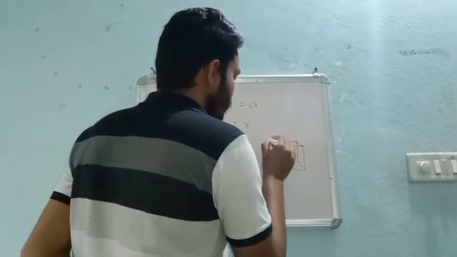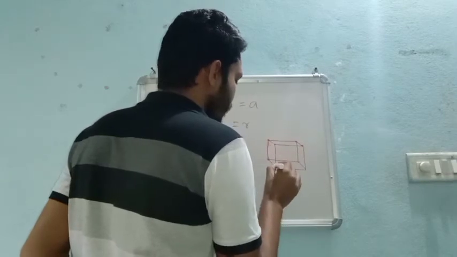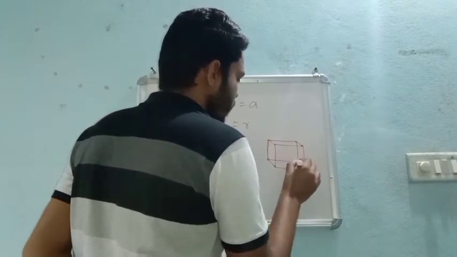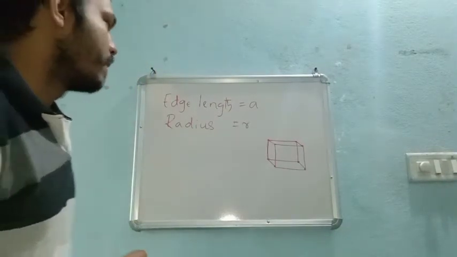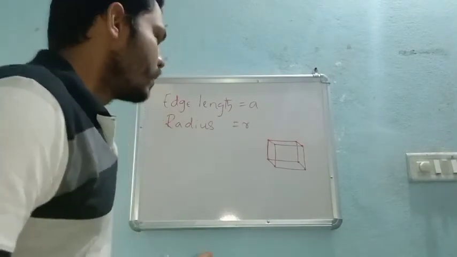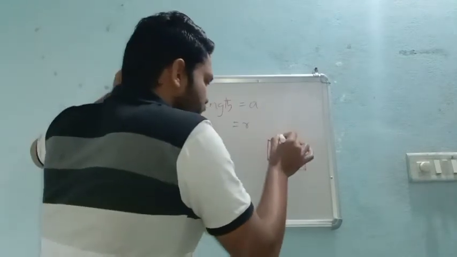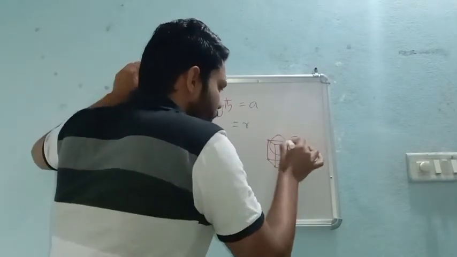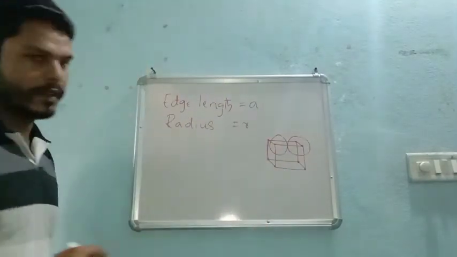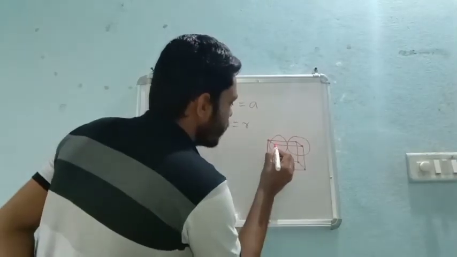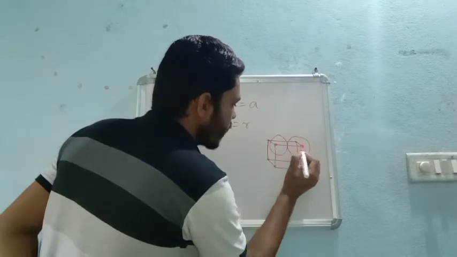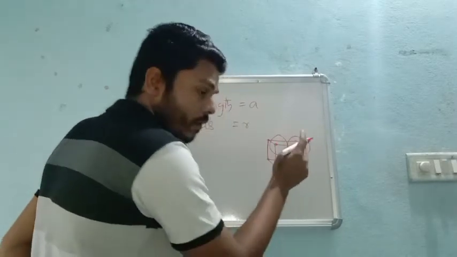How many corners? There are 8 corners. Again, the faces are 6, and then the center will always be 1, right? So the complete distance between any 2 corner atoms, very important.